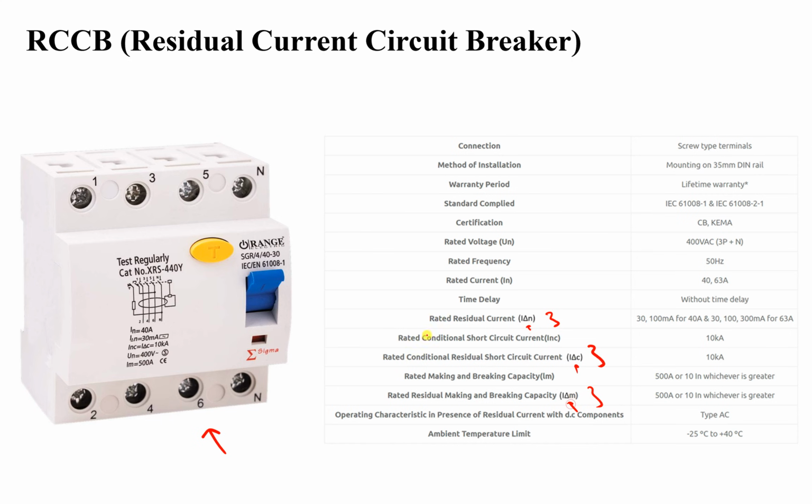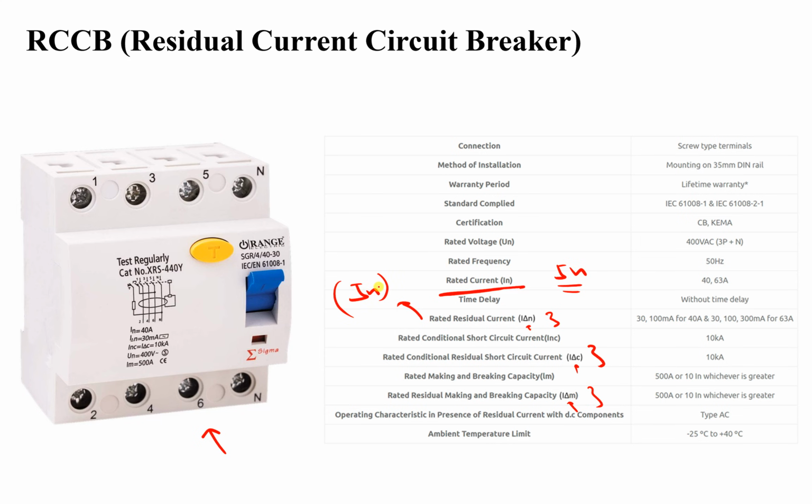What does this mean? You can see rated residual current should have delta because IN is the rated current or the nominal current. So it should be I delta N. On the manufacturer website itself, it was written as IN, same as rated current.